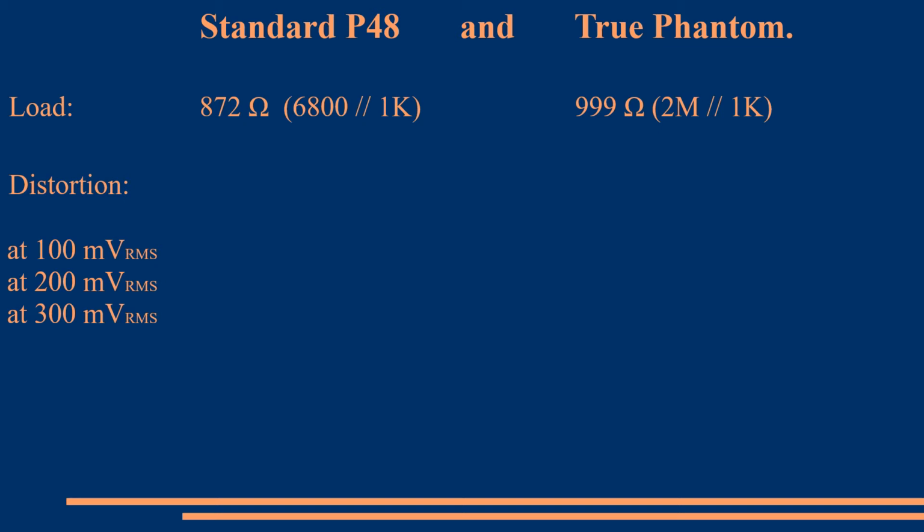If you compare that with the true phantom, the 6K8 resistor is gone, and then the input impedance is 999 ohms in the true phantom situation. This difference of load of the standard and the true phantom has a big influence on the distortion products of the output of the microphone.